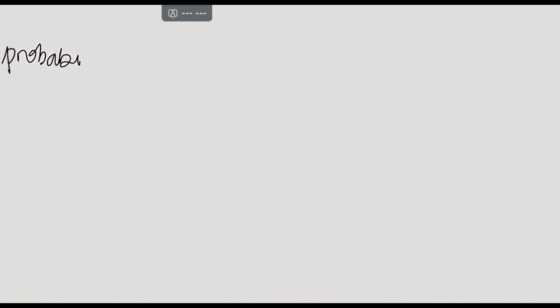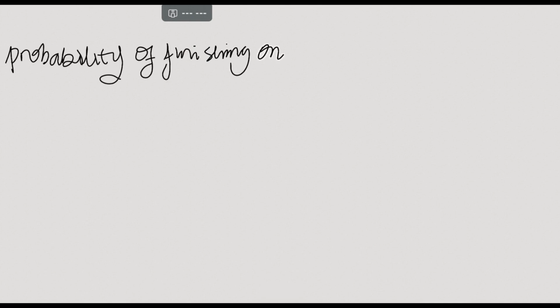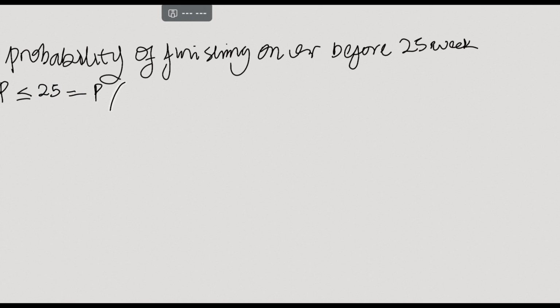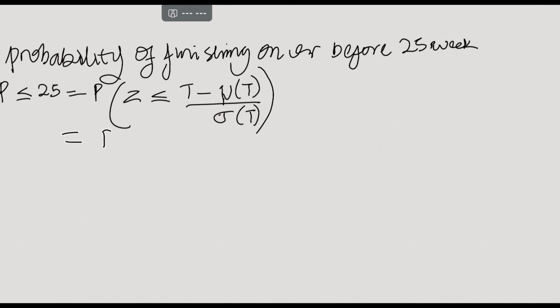For the second question, we are asked the probability of finishing on or before 25 weeks, which is P of x less than or equal to 25, which equals P of Z. Remember I told you that T is just what we're asked to solve.